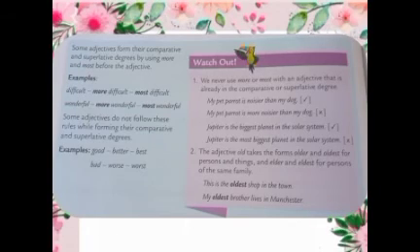Than is given, so it is in which degree? Yes, in comparative degree. So we should change good into comparative. What is the comparative form of good? Better. Yes. So our team was better than the other team, so it won the match.